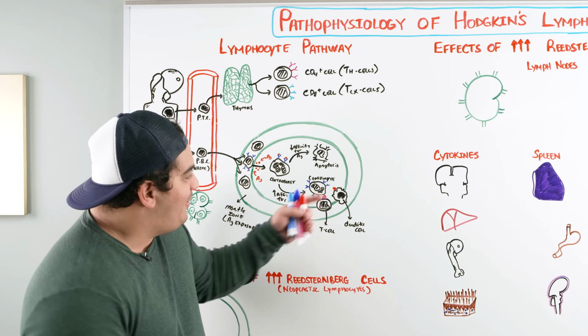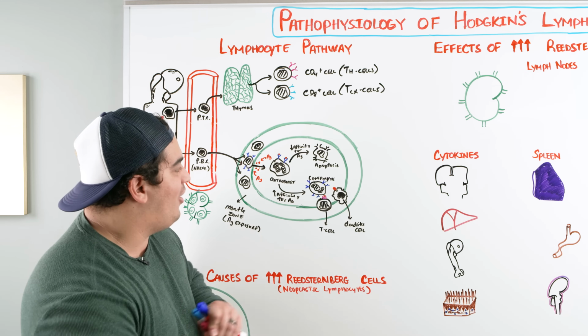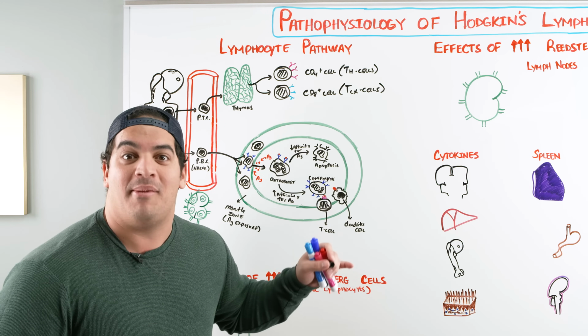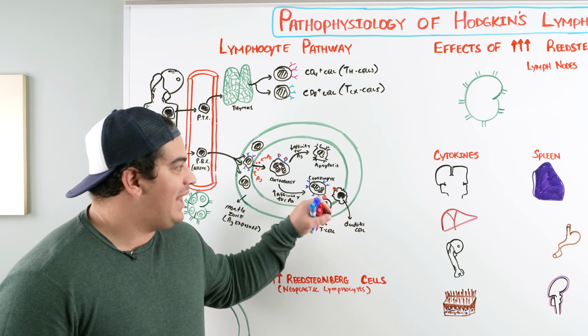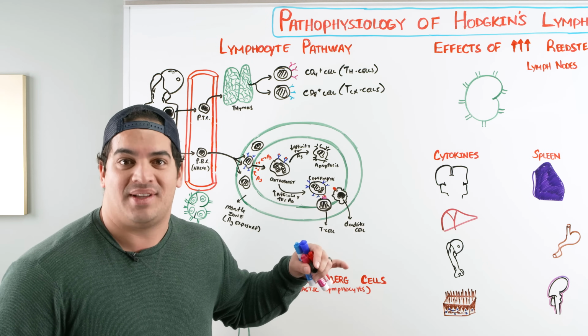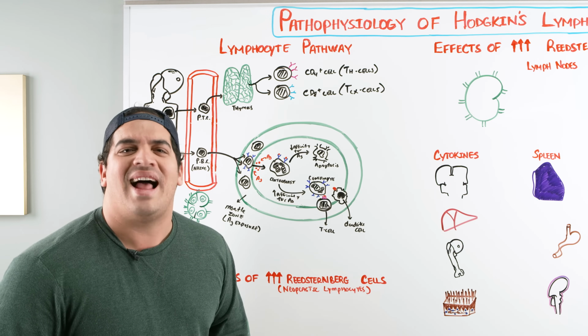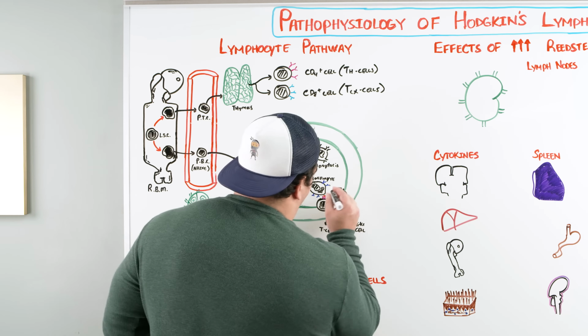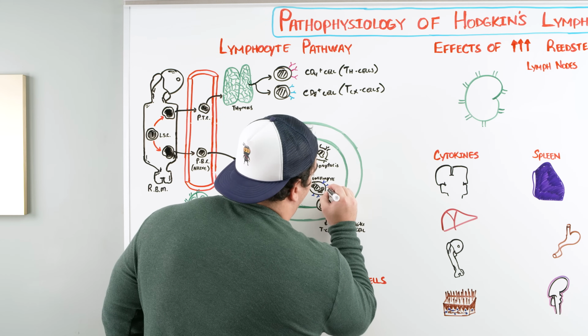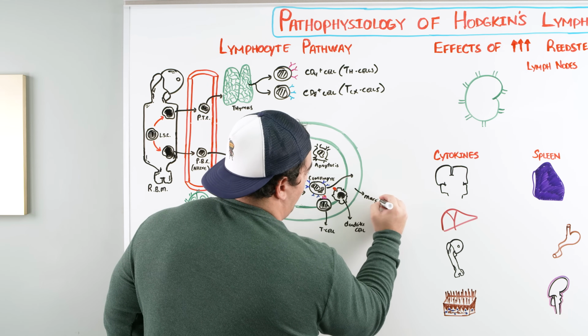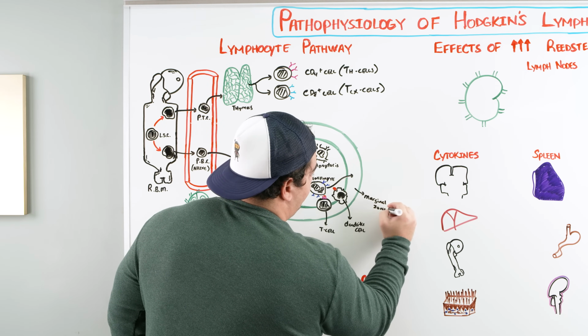When the centrocyte interacts with these things, it then decides what it's going to do. If it decides, okay, I like interacting with antigens and being a memory B cell, it'll become a memory B cell. Or, I like becoming a plasma cell and producing antibodies, it'll become a plasma cell. So at this site right here, it undergoes a process called class switching. From here, when it interacts with these two, it'll move right up here into the marginal zone.